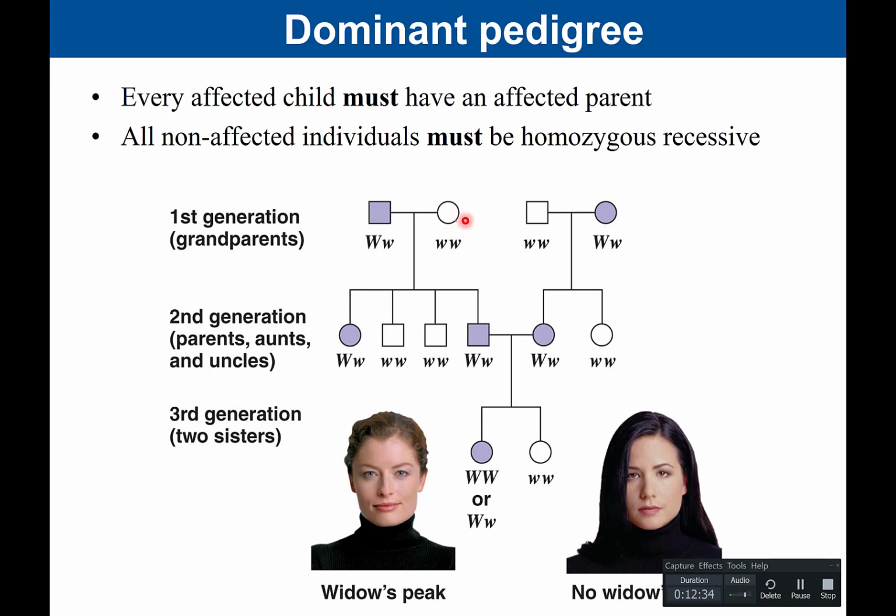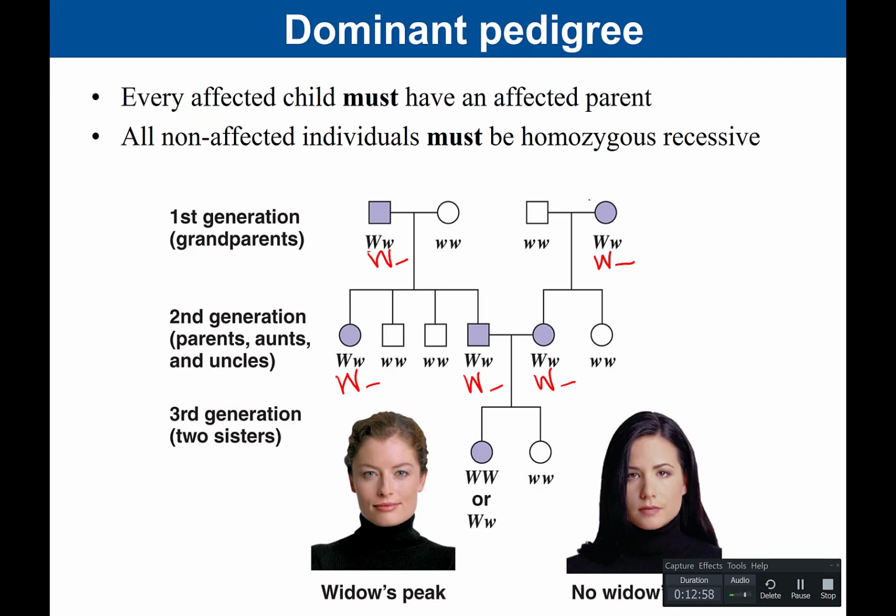So all of the ones that are not filled in, I know need 2 lowercase letters. Then I start with the ones that are filled in and I write big W blank. So when I write big W and a line, that means that until I look at the offspring, I can't say what the second allele is.